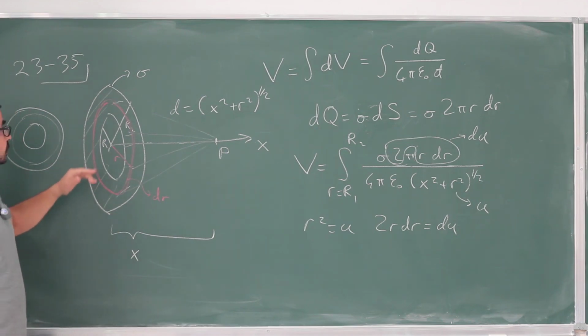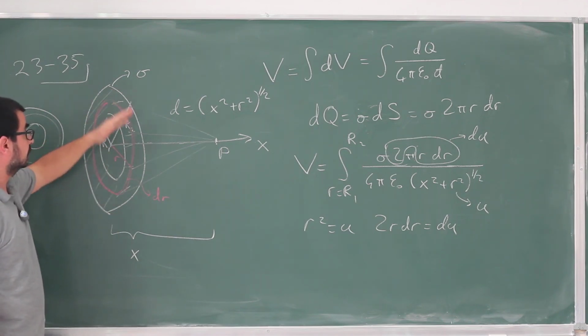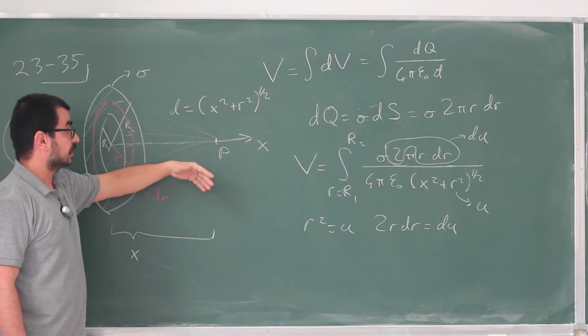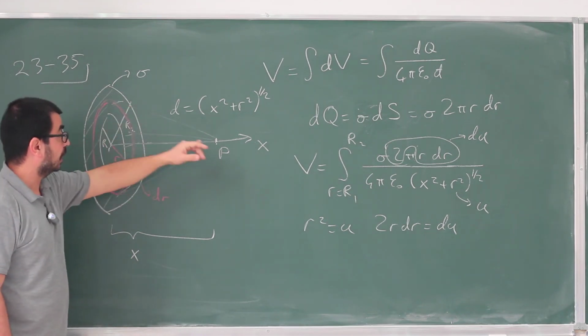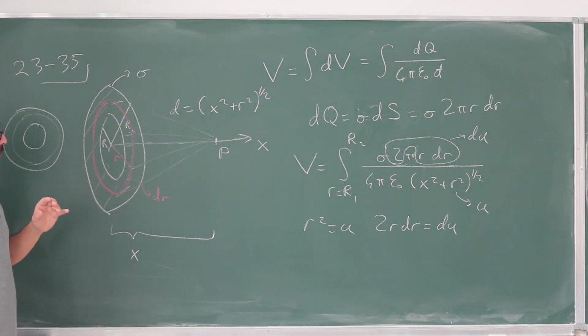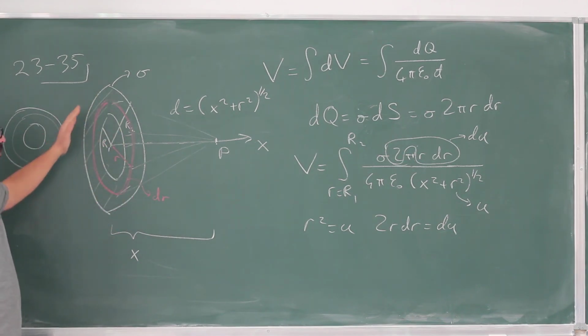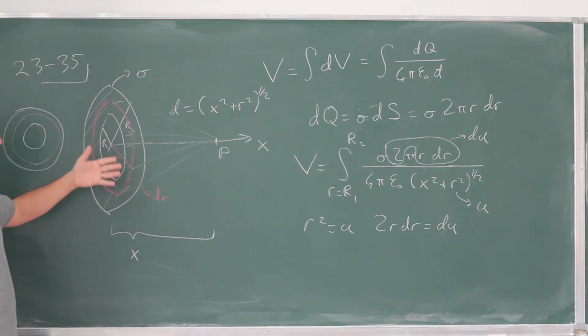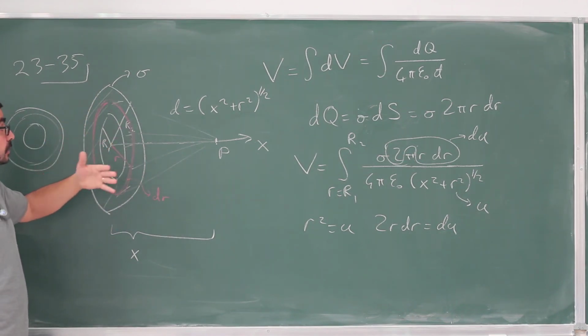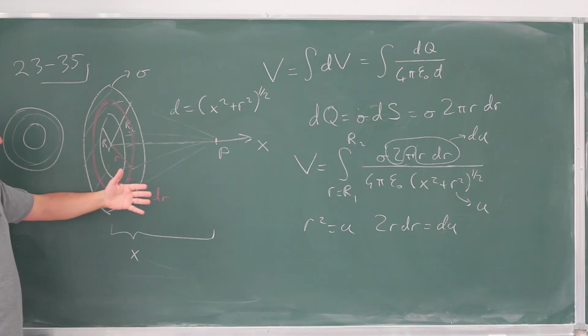What you need to do is recognize that by symmetry, their off-axis components are going to cancel, and you will need to calculate the component that's parallel to the axis, and then you can say all of these contribute the same. Because they are the same distance, they make the same angle, so their x component is going to be the same.